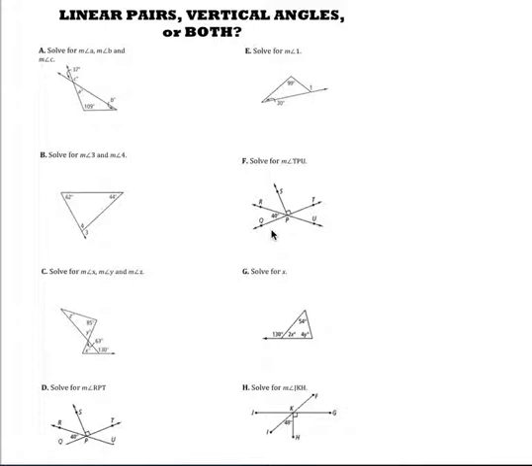You'll notice that we are looking for angle 1 in this problem, and angle 1 is considered an exterior angle. We know it's an exterior angle because it's formed by the extension of one of the sides of the triangle, and we know that the measure of our exterior angle equals the sum of our remote interior angles.